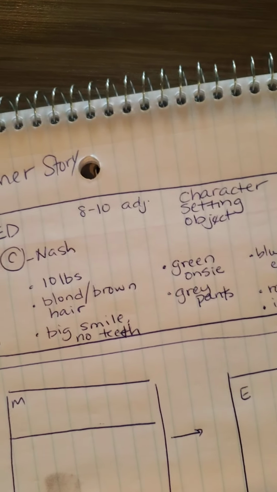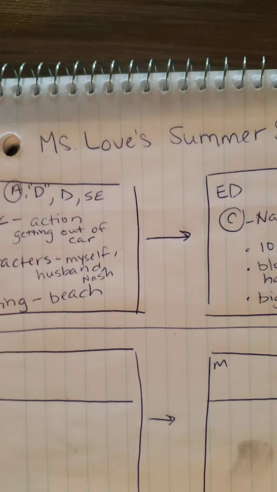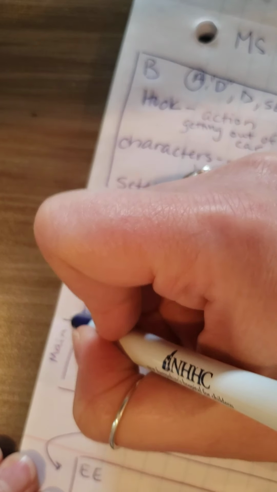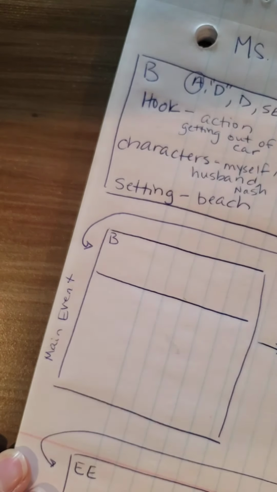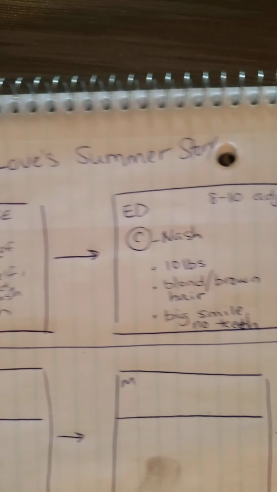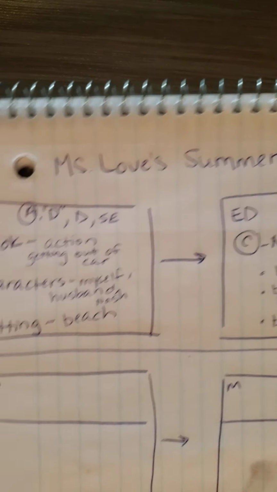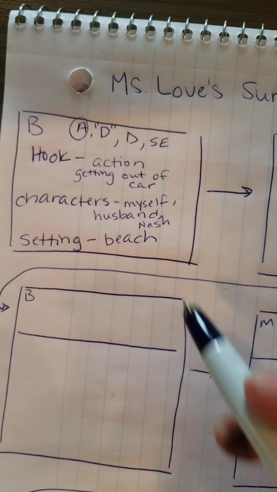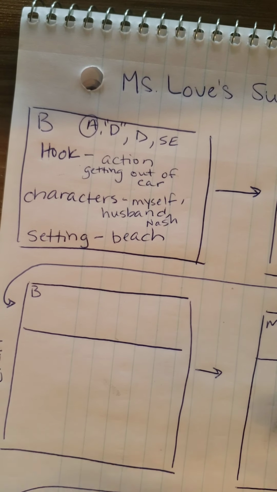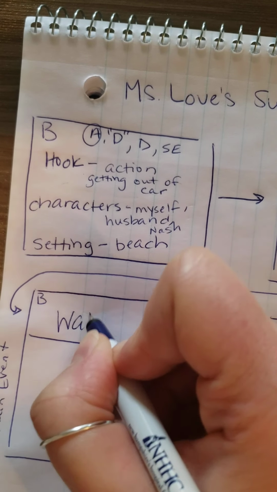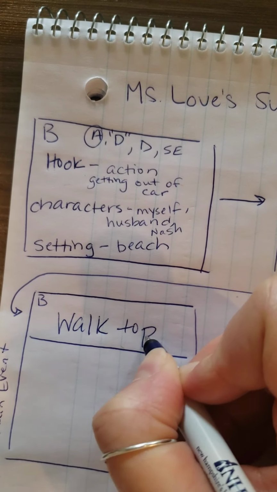So that's your elaborative detail box, which then flows over to your main event. And in your main event, you have the beginning of it, the middle of it, and the end of your main event. So the beginning of my main event: we were getting out of the car, so the beginning is we are walking to the beach.